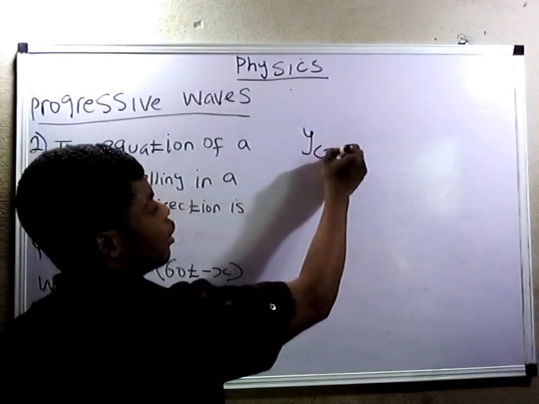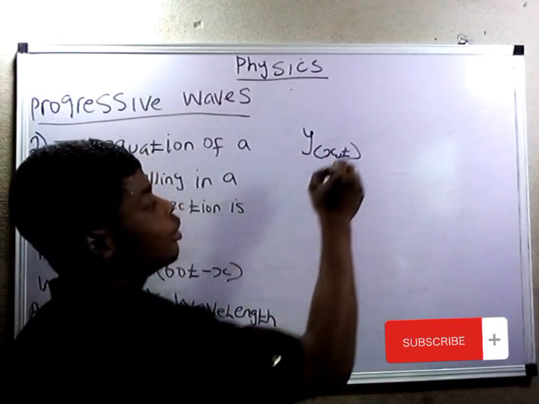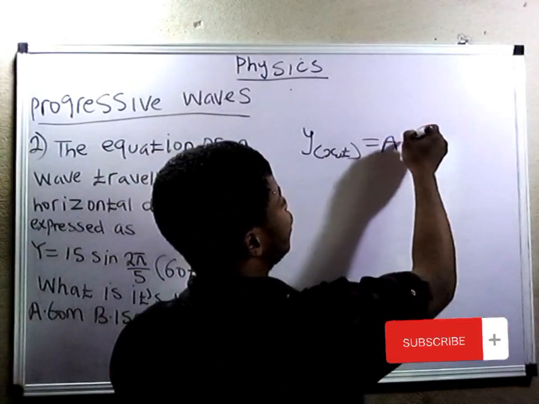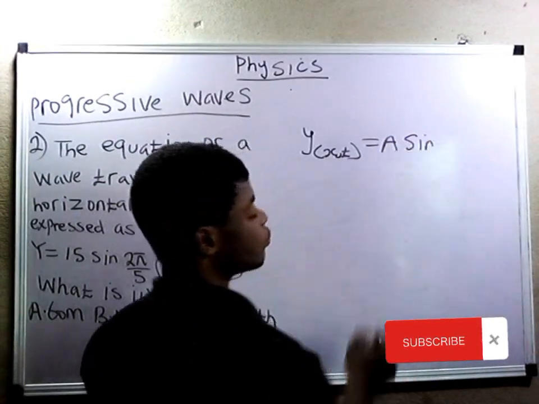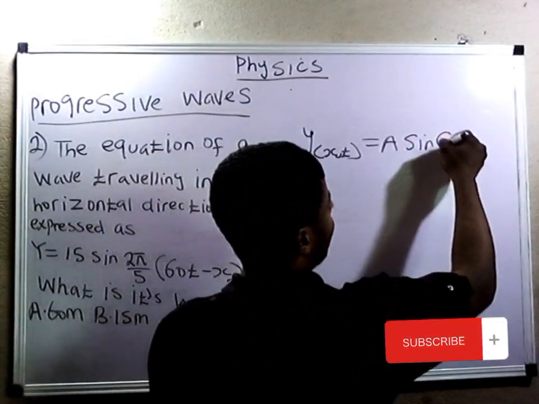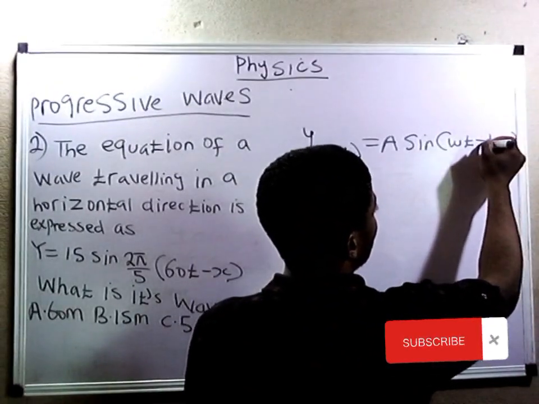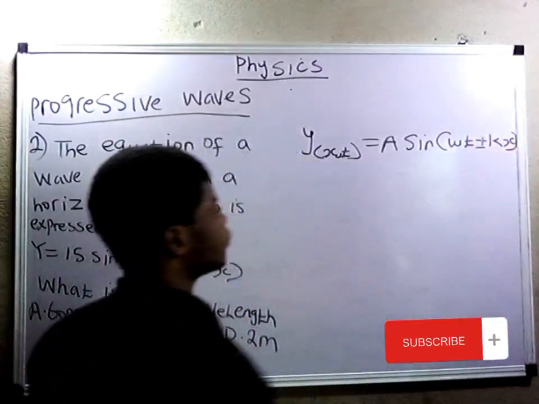y of x and t equals A sine open bracket wt minus kx plus or minus ks.